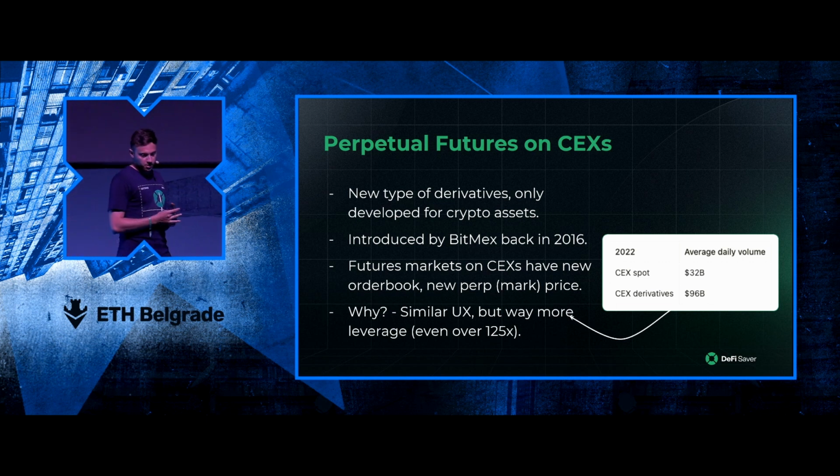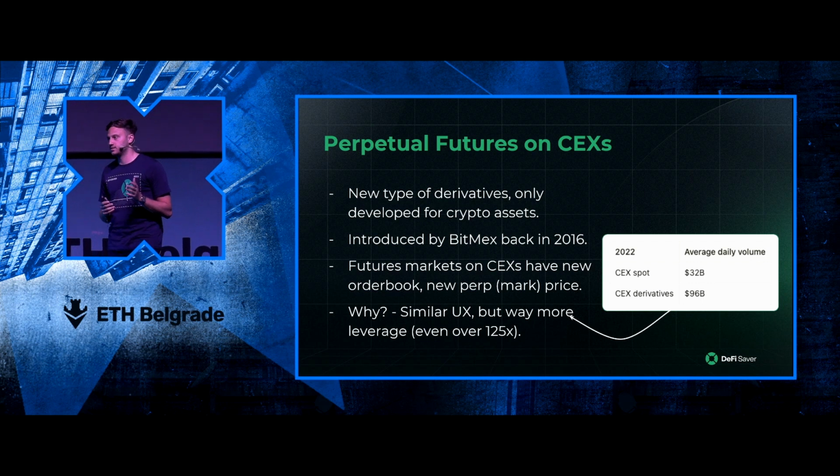Why are we talking about perpetual futures now, and why is it a trend in the DeFi space? Well, I'll start by saying that in traditional finance, the market of derivatives is huge, and that is recently coming to the cryptocurrency space. It started firstly on centralized exchanges.